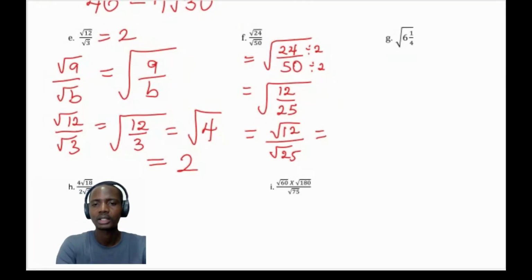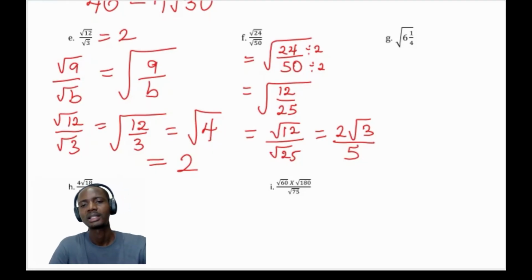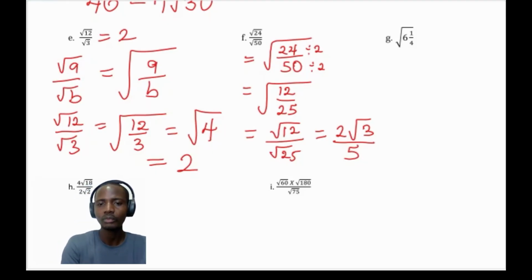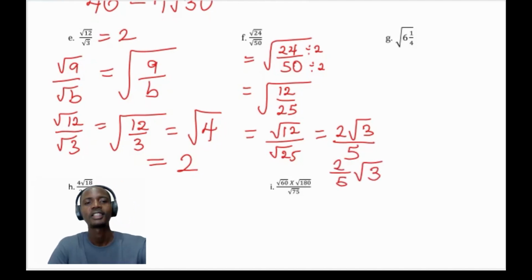So I can have it as 2 root 3. I believe you know that root 12 is the same thing as 2 root 3. Divided by, now square root of 25 is 5. So we can have our answer as 2 root 3 divided by 5. Or I can have it as 2 over 5 root 3. It's still the same.